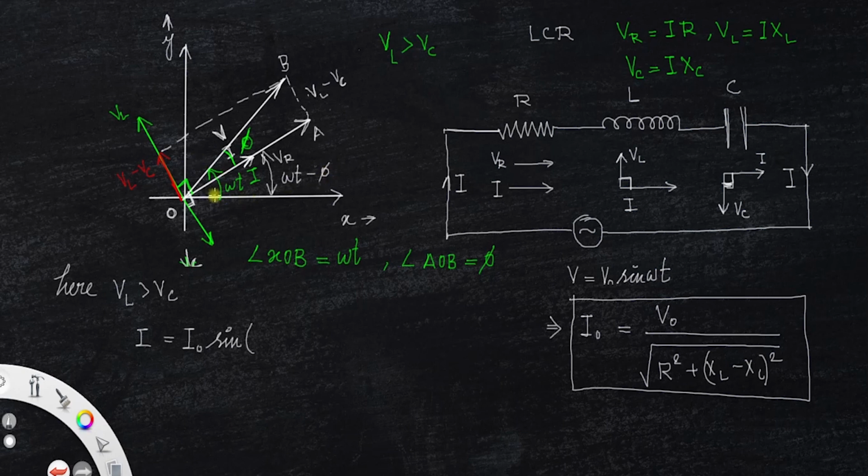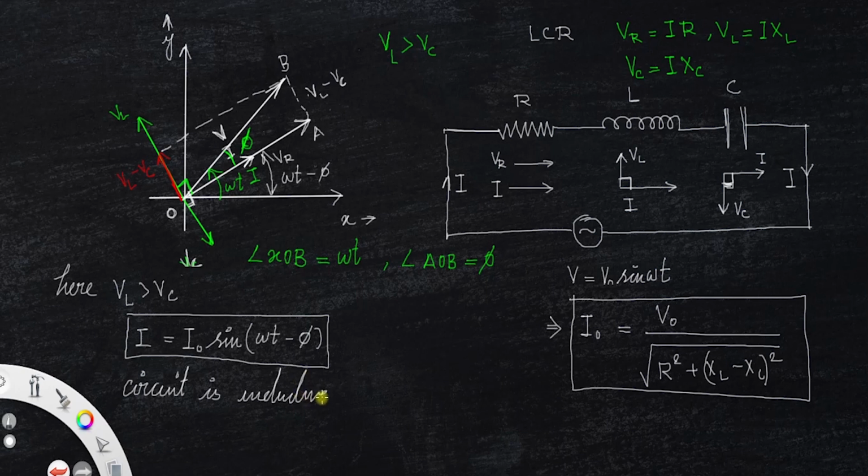Because this whole angle is omega t, that is angle XOB minus angle AOB. So this is equal to omega t minus phi. Clearly the current lags behind the voltage, or in other words, voltage leads the current. Then we can say that the circuit is inductive. So when VL is greater than VC, the circuit is inductive in nature. That is, current lags behind the voltage.